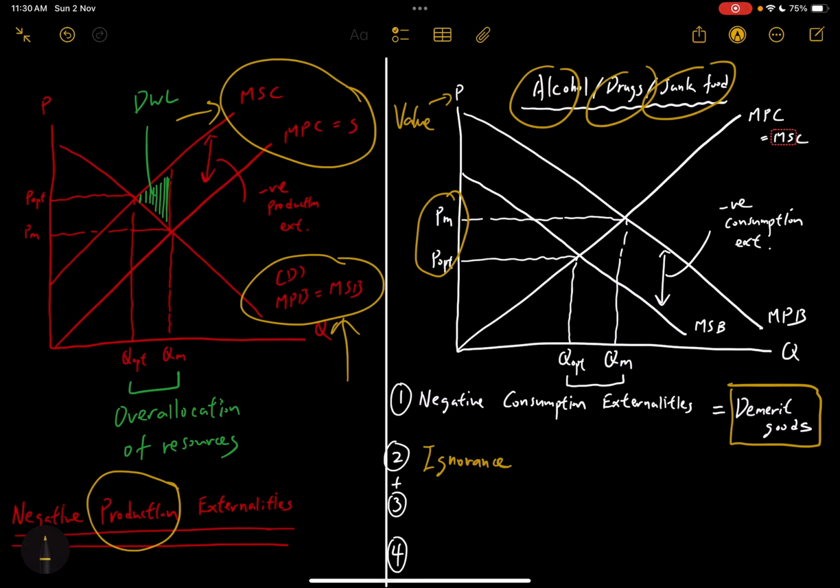That's why this ignorance is based on how people perceive the value of demerit goods. So they would see a higher value, because PM is bigger than P-opt.